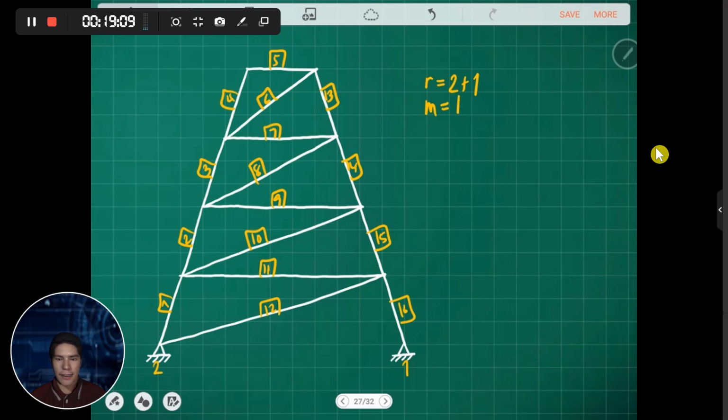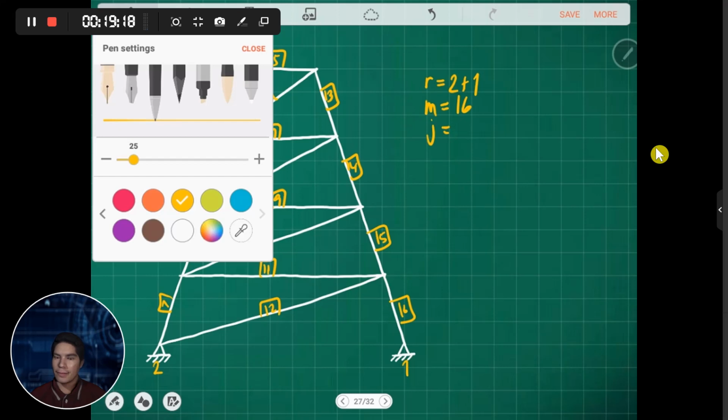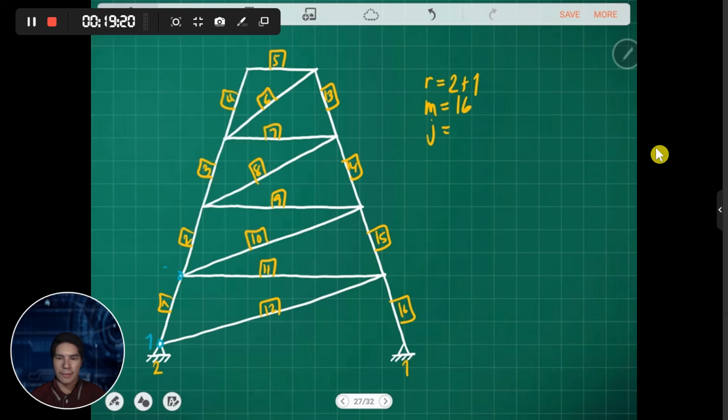Okay, so we have 16 members. I think I didn't forget anything. The number of joints, we have 1 to 10. So we have 10 joints. So m plus r, we have the total number of unknowns. 16 plus 3.